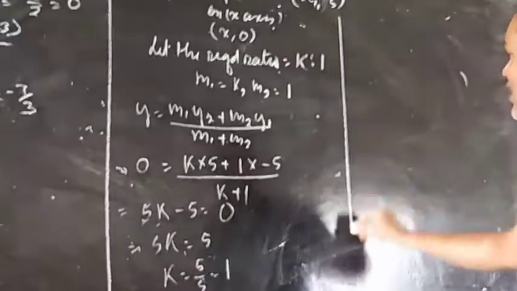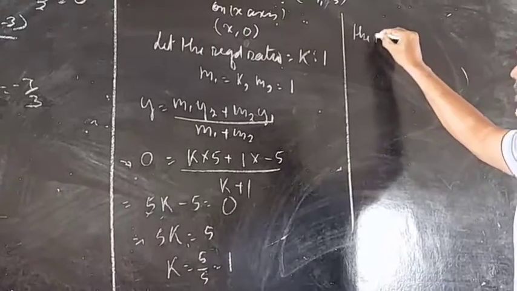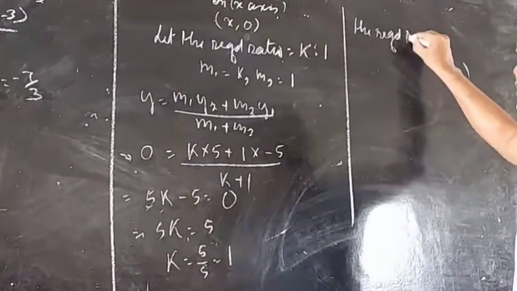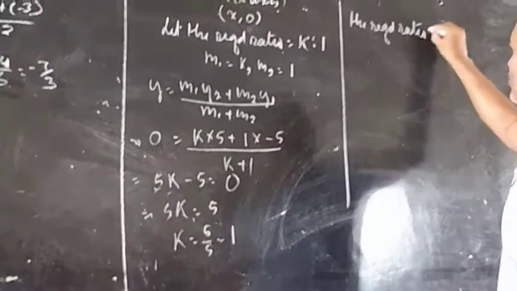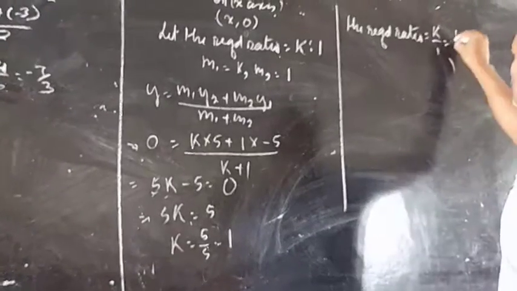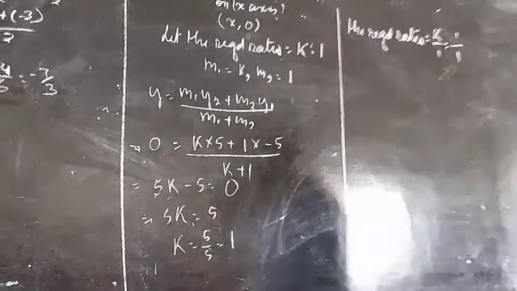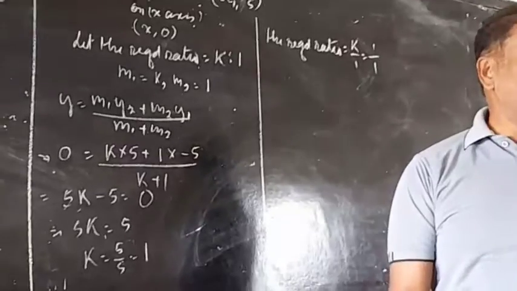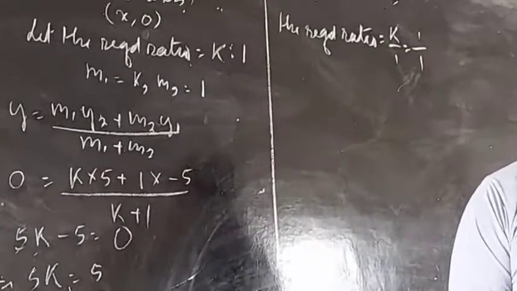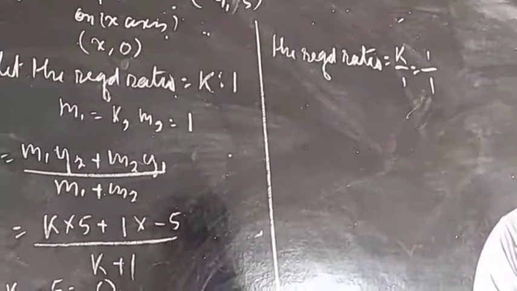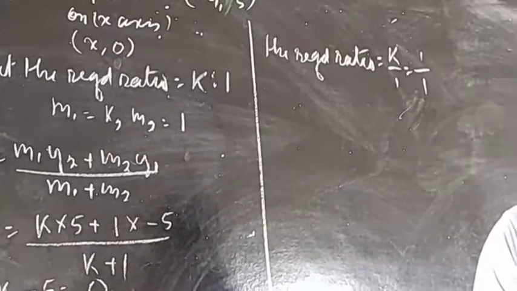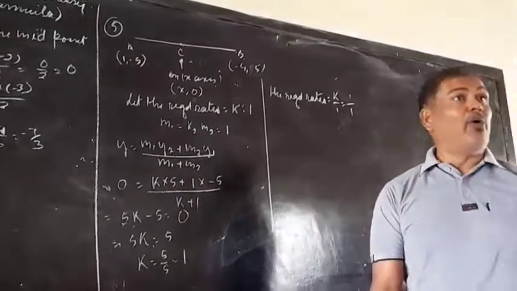So what is the answer? The required ratio k/1 is equal to 1/1. What indication or hint did you get from 1/1? Very good. Divided in equal parts means which formula can we use here? Midpoint formula. Very good.